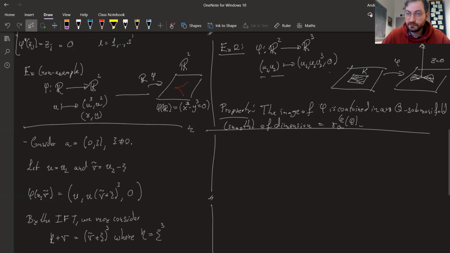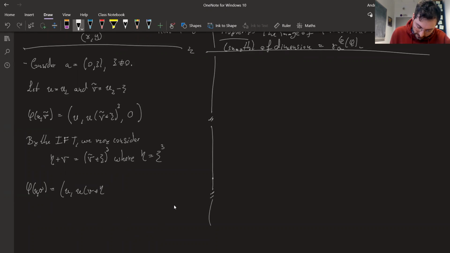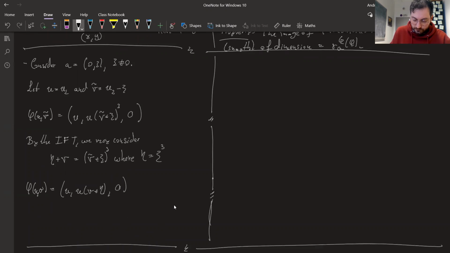So I can make a change of coordinates so that it becomes like this, with the first entering in this eta. So once we do that, we obtain that phi of (u, v) is going to be of the form (uv plus eta, 0). This is the situation that I'm going to admit as a monomial morphism later on.